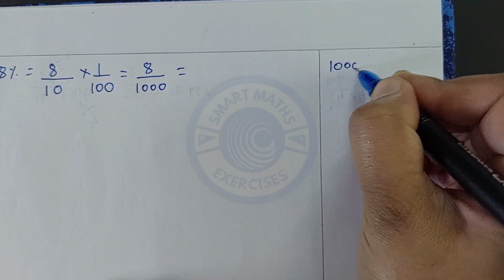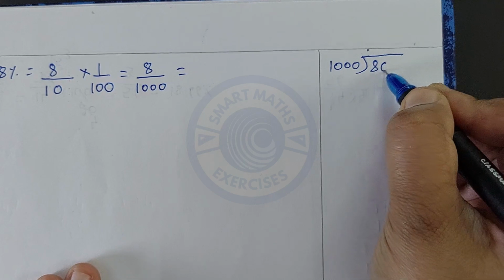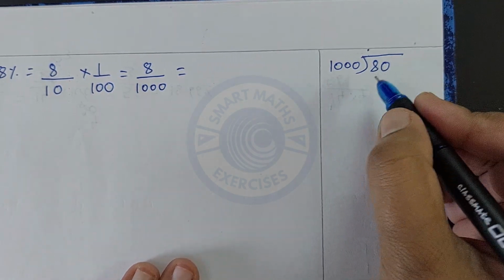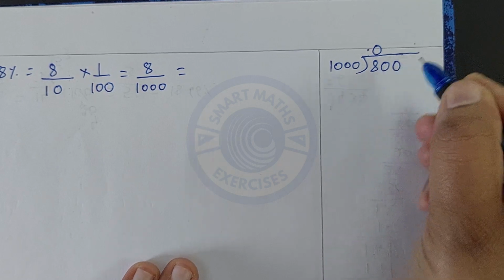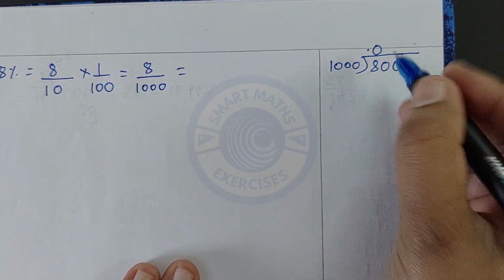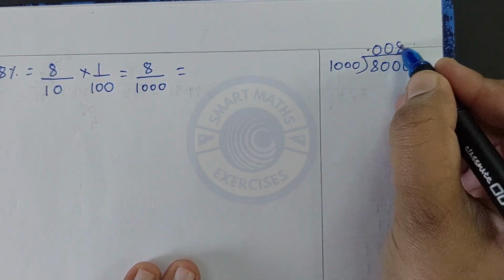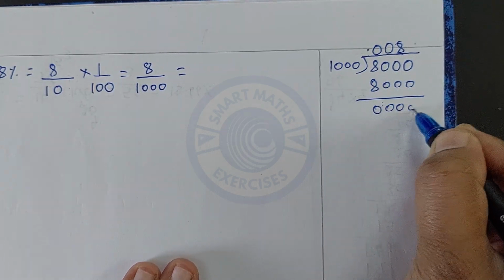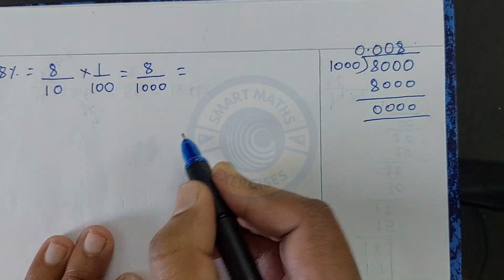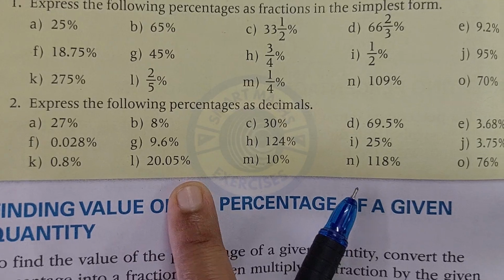Divide this, 1000 outside, 8 inside. Put a point, add a 0. Since 8 is less than 1000, add a 0, add one more 0 here. Then 800 is still less than 1000, so add one more 0 and add 0 here. So 1000 eights are 8000. 8000 minus 8000 is 0. So answer is 0.008.